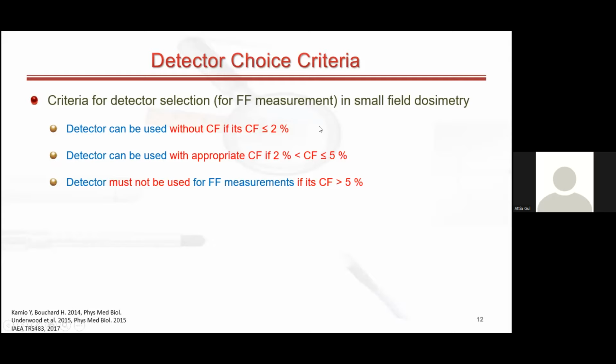And if its correction factor is in the range of 2 to 5%, it must be used with its correction factor. But if its correction factor is greater than 5%, then such a detector should not be used for field factor measurements.